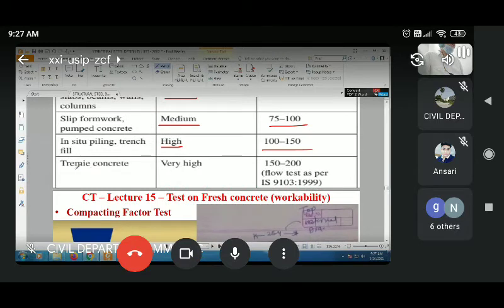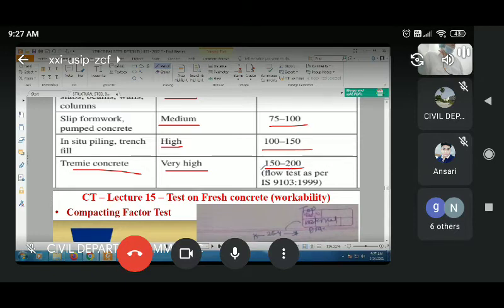For underwater concrete or very flowy concrete, where a large depth is required, a very high slump is needed, somewhere from 150 to 100 mm.